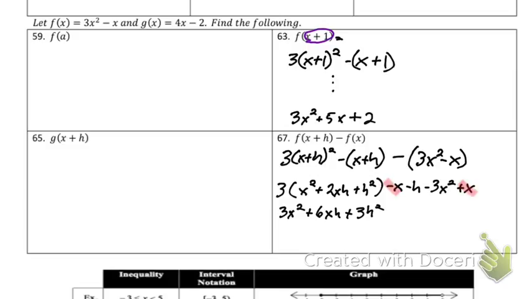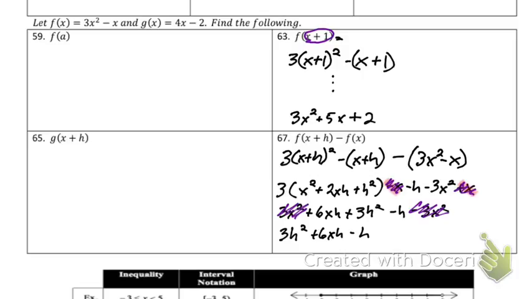I got rid of this, I got rid of this, so I'm just left with negative h minus 3x squared. This 3x squared and this 3x squared are going to cancel out. So I am just left with 3h squared plus 6xh minus h. So there's just a lot of moving parts to plug in.